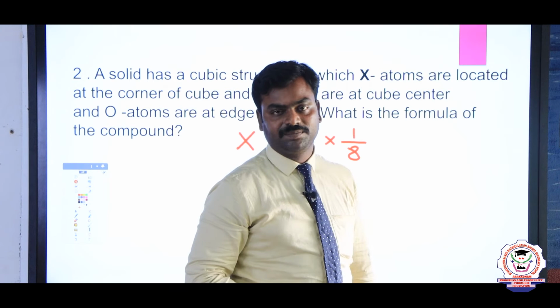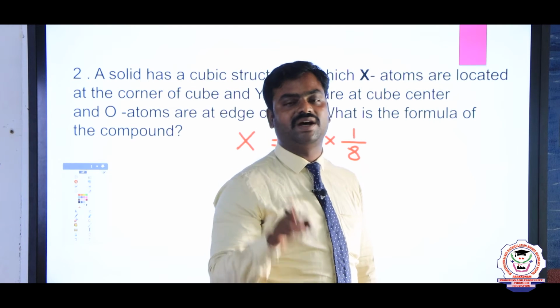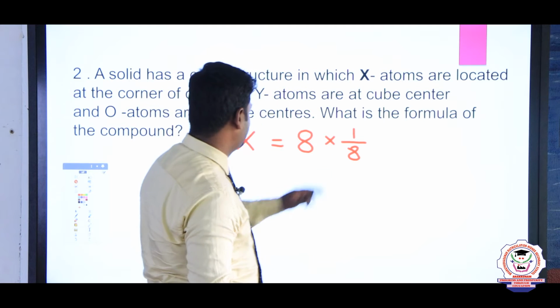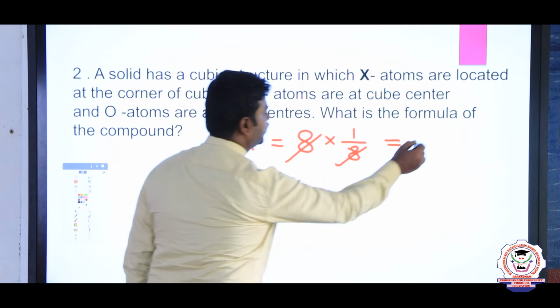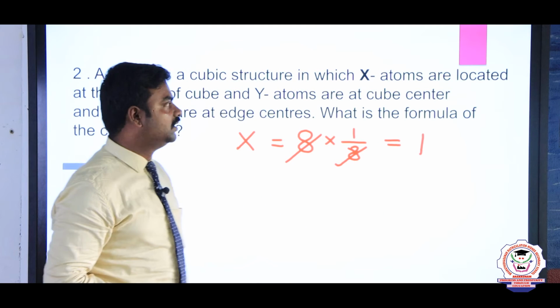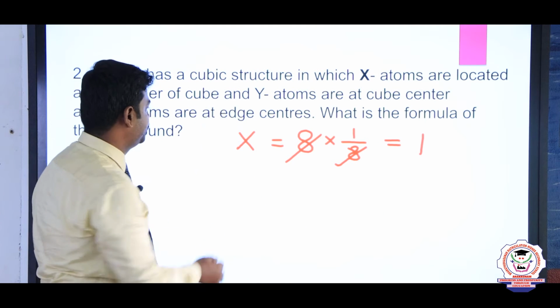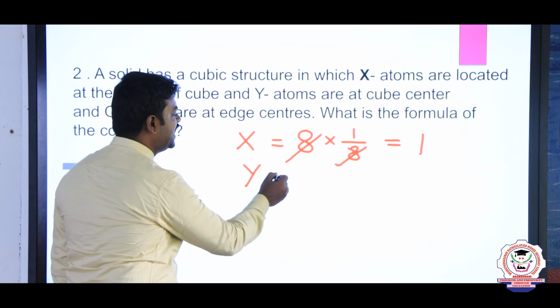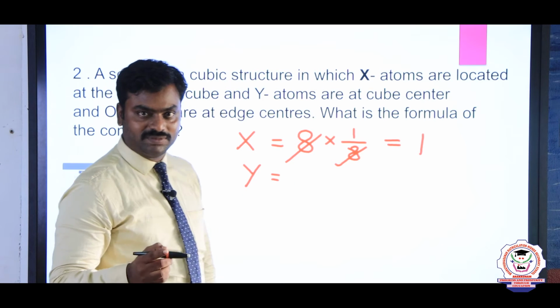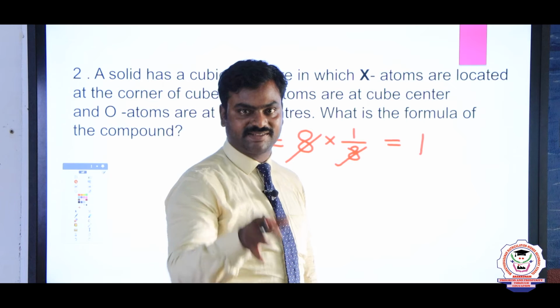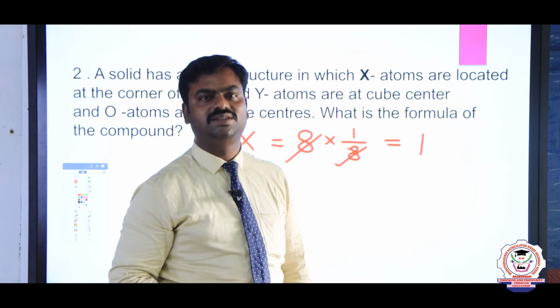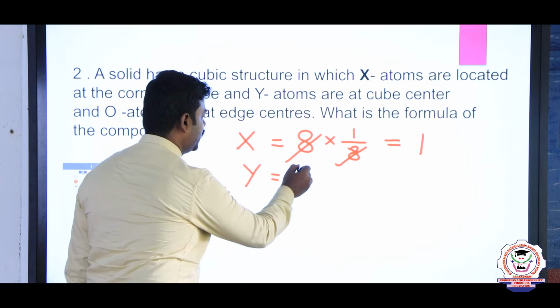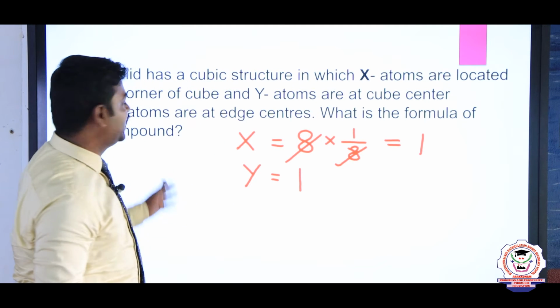We can cancel it out and you will get the value 1. What about the next atom, Y? They say the center of the cube, which is known as the body center. For every cube there is only one body center, so only one atom is there. So Y is only 1. What about the next one, oxygen?